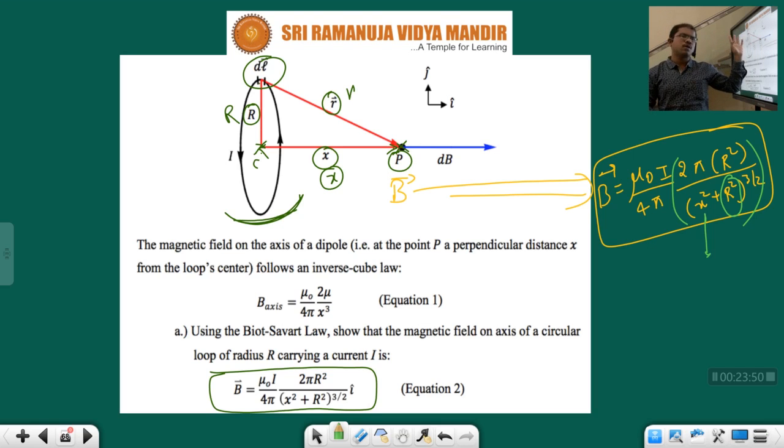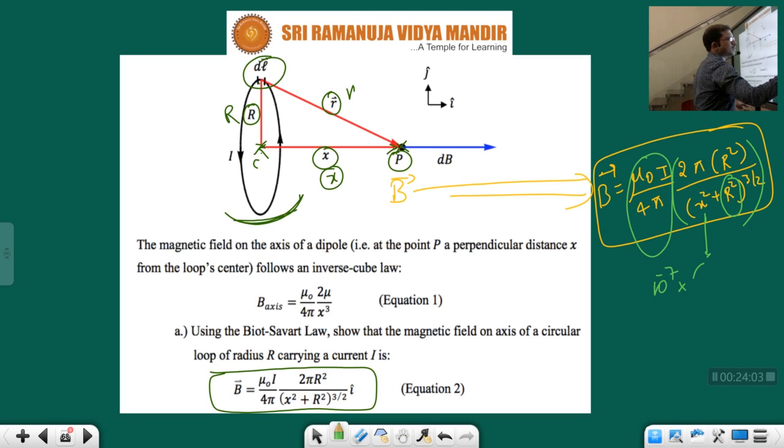No worry, you just have to do some mathematical simplification. Here mu naught I by 4 pi is nothing but 10 power minus 7. Multiplying with the corresponding values, you will get your answer.